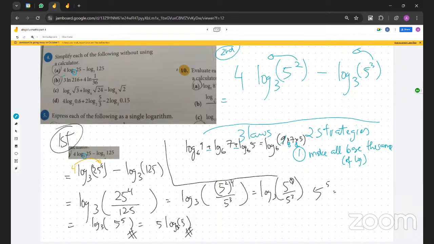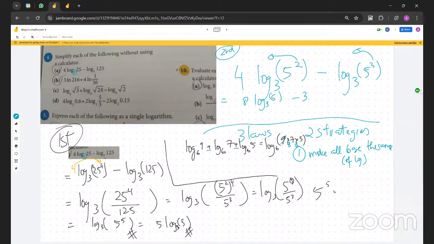So what does that become? 8. Then what? Negative 3. Log base 3, 5. What are you talking about? Oh. All right. And then negative 3.